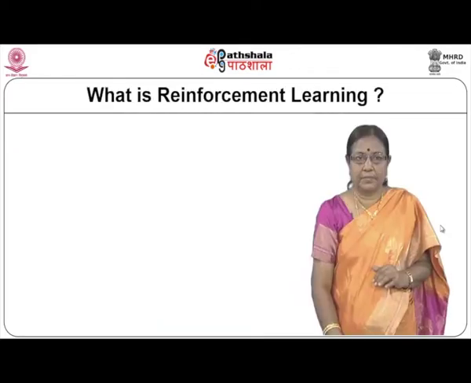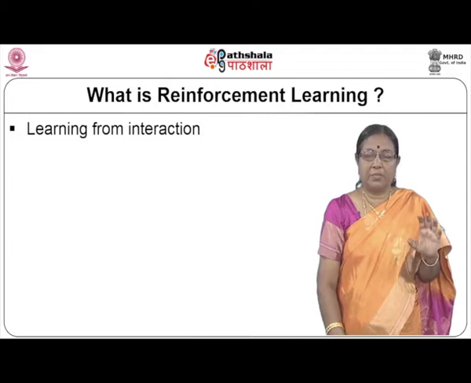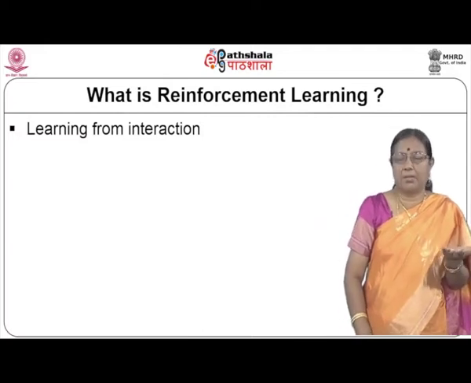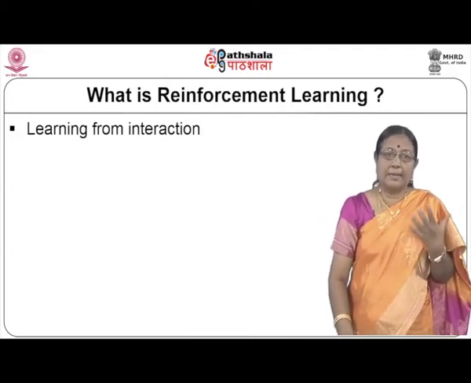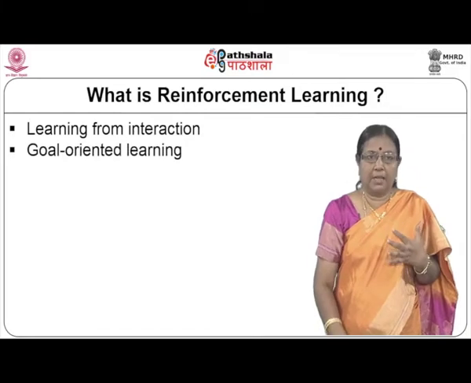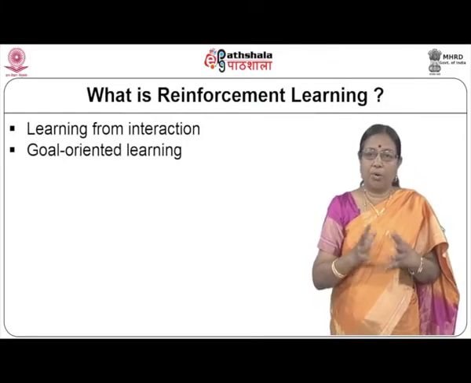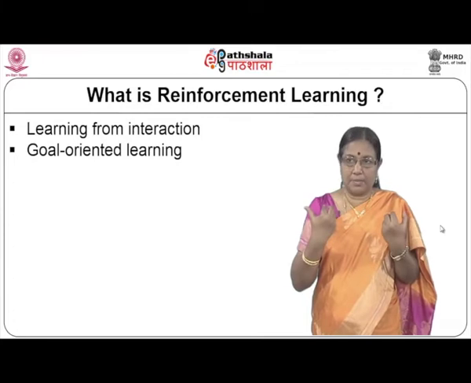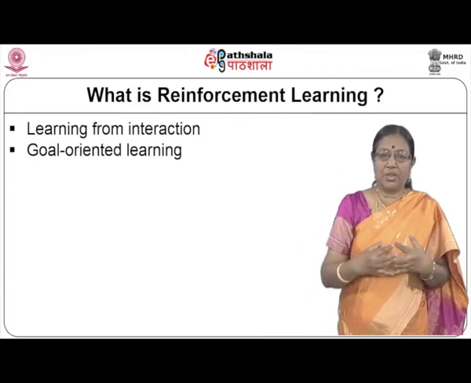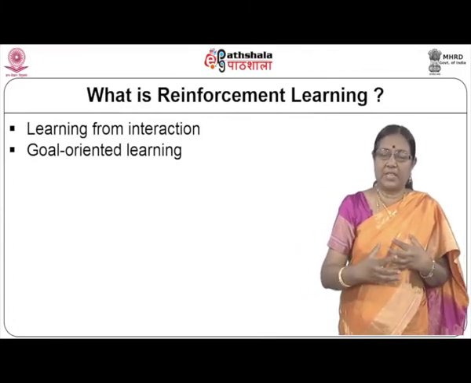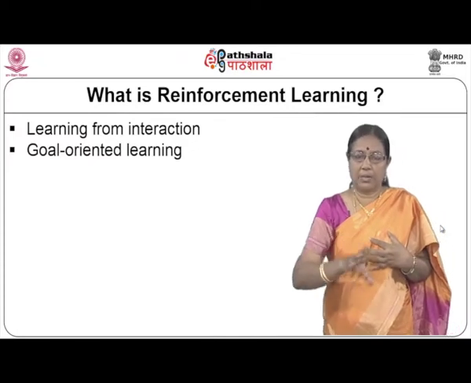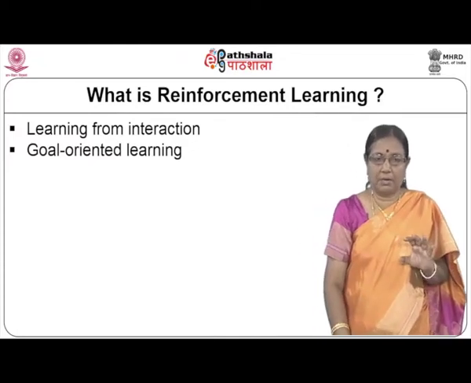So, how do you describe reinforcement learning? It is learning from interaction. It is goal oriented learning. The goal is to get as many rewards as possible. If you get as many rewards as possible, it means that you have learnt whatever your goal is. So, it is called goal oriented learning.